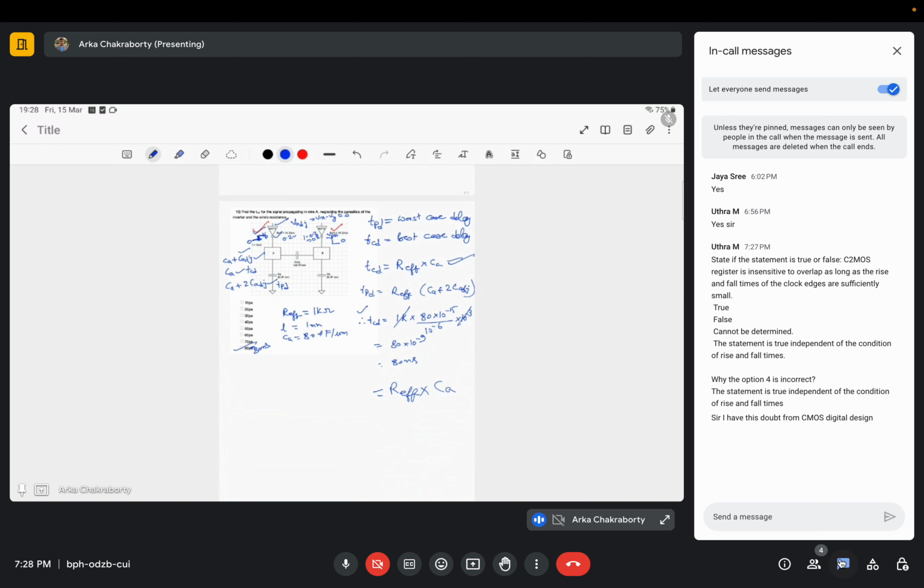C2 MOS register is insensitive to overlap as long as rise and fall times of the clock edges are sufficiently small. Why is option 4 correct?